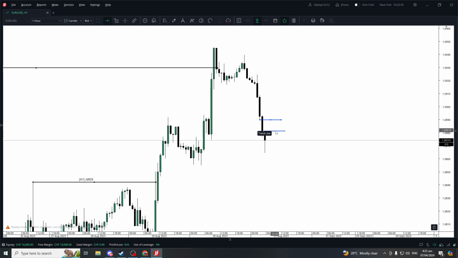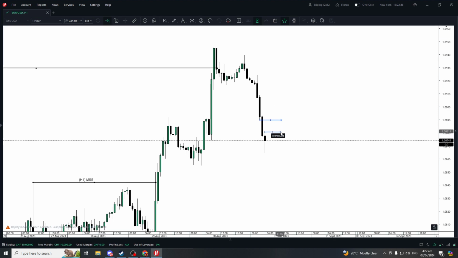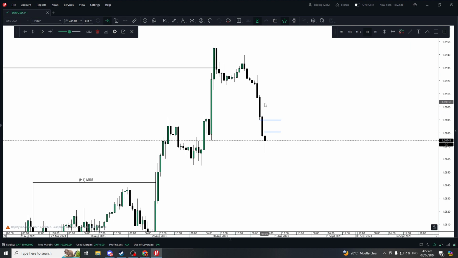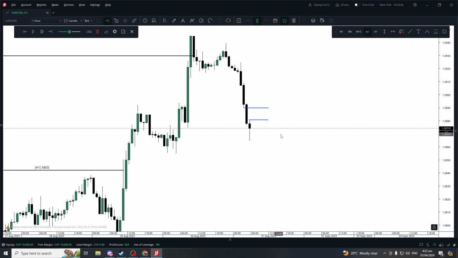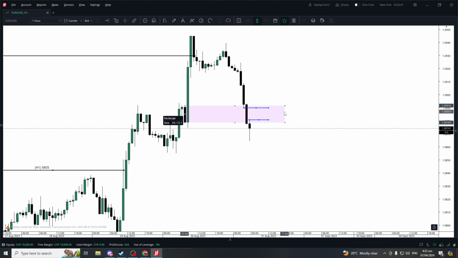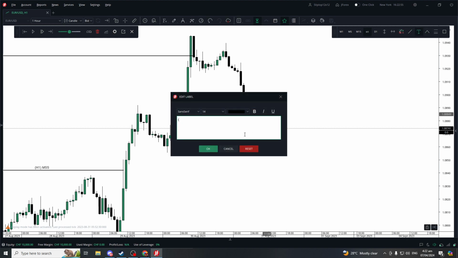I would love to see price retracing to these levels because it's in a premium pricing. This one is way too discounted, but what I'm seeing here is this overlapping of PD arrays. We have this nice combination of an H1 mitigation block with FVG.